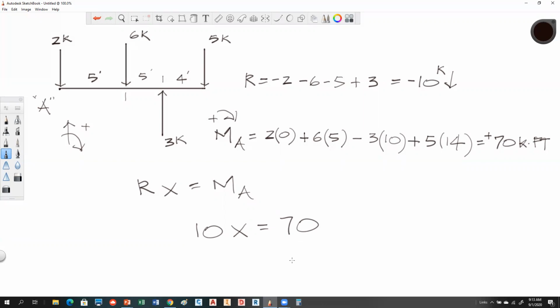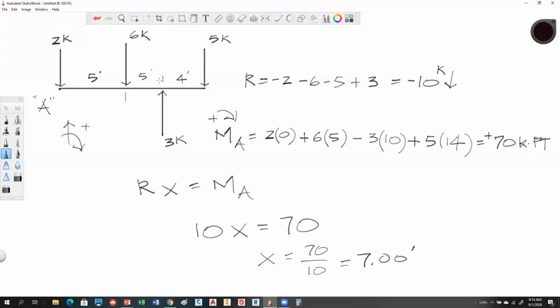By solving this, what are we going to get for X? Simply what? 7. 7 feet. So you could get rid of all of these and replace them. You come over 7 feet and put your 10 kip vector acting down, and that would have the same exact effect on this beam as the original system did.